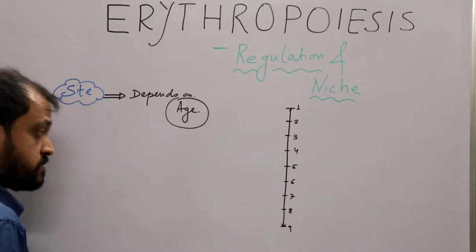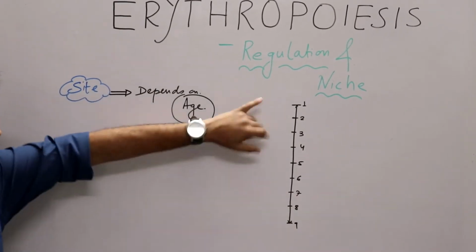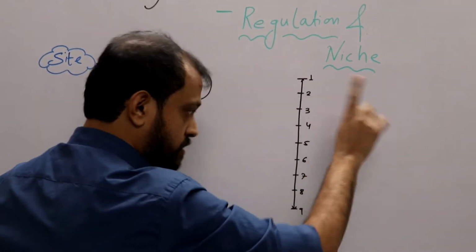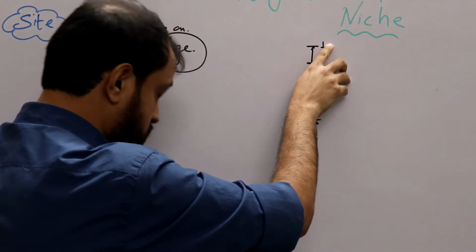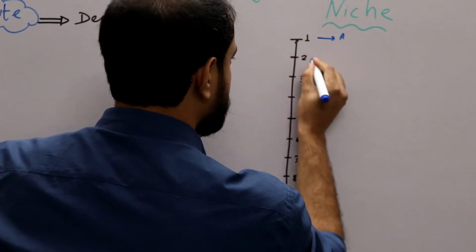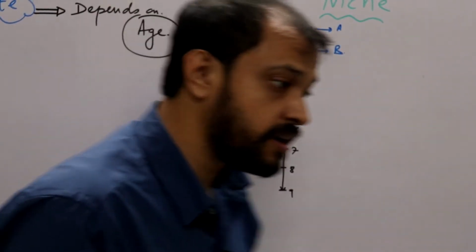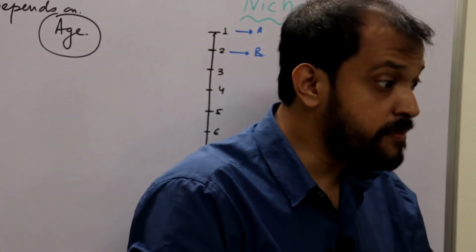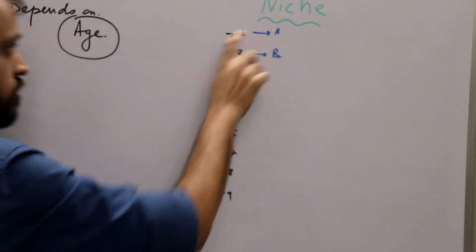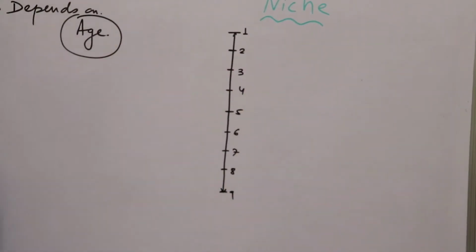In the fetal stage of RBC production, there are again divisions based on the month. For example, in the first month, RBC is produced from site A in the fetus. Suppose in the second month, RBC is produced from site B. That means in the fetal stage itself, there are many stages involved.